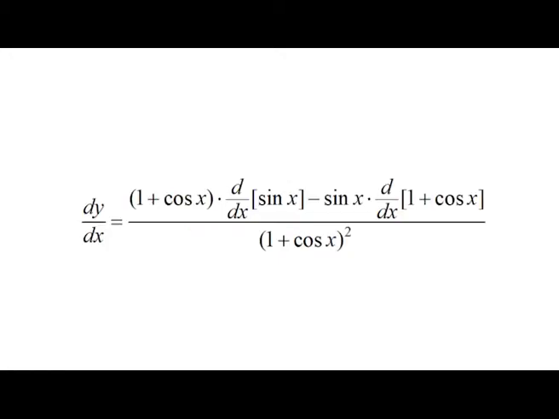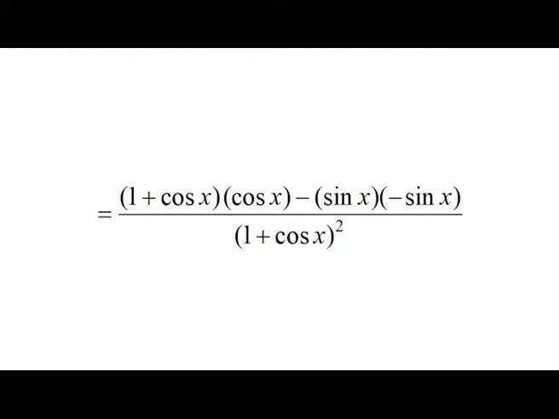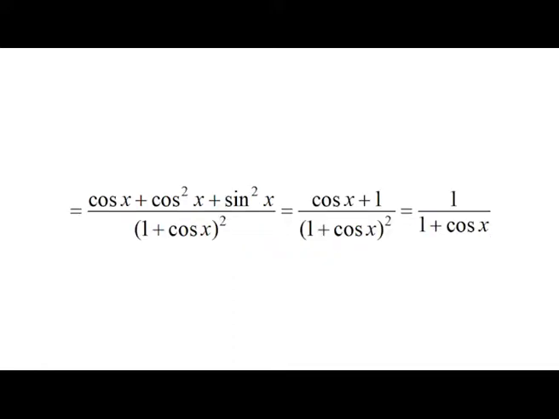Using the quotient rule, dy by dx equals 1 plus cos x into d by dx of sin x minus sin x into d by dx of 1 plus cos x, all divided by 1 plus cos x whole square, same as 1 plus cos x into cos x minus sin x into minus sin x, all divided by 1 plus cos x whole square, equals cos x plus cos square x plus sin square x, all divided by 1 plus cos x whole square, equals 1 plus cos x all divided by 1 plus cos x whole square, equal to 1 by 1 plus cos x.